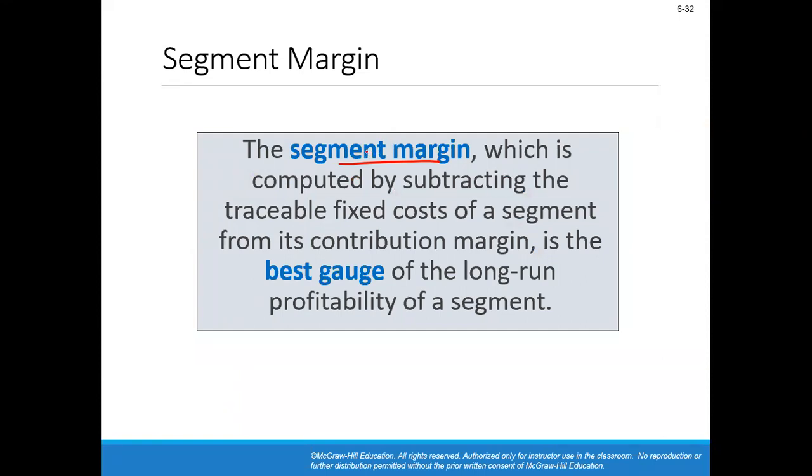Segment margin can be computed by subtracting the traceable fixed cost for a particular segment from the contribution margin of that segment. If the number after subtracting the traceable fixed cost is good, you will get a good sense that the segment has long-term profitability, and vice versa.